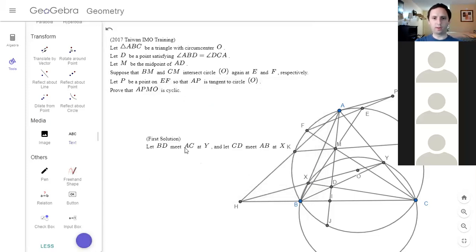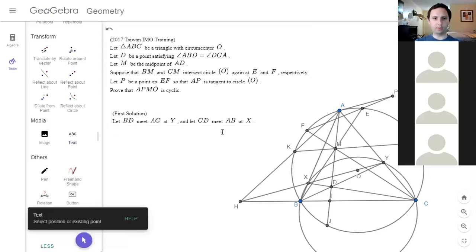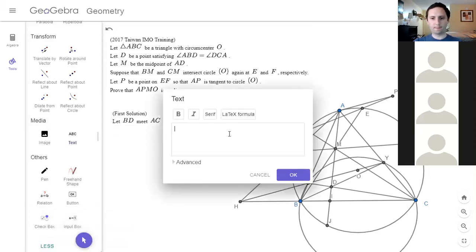Then angle ABD equals angle ACD. That means that XBCY is cyclic.